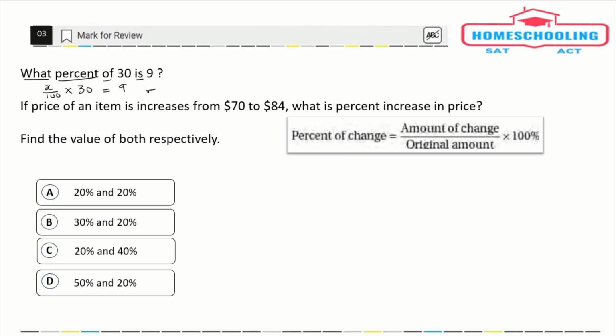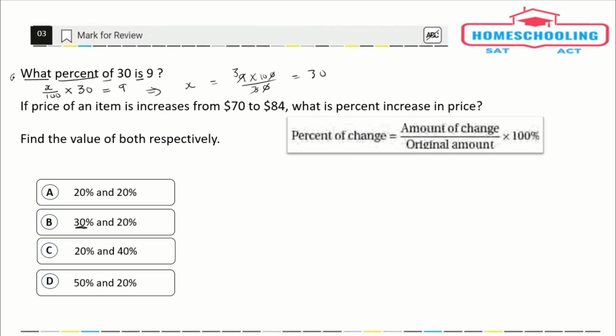So x is equal to 9 into 100 divided by 30, so that would be 100, and 3 times, that would be 30. This one would be your answer, 30. Now let's see the next part of the question.